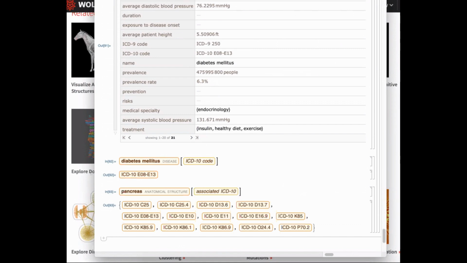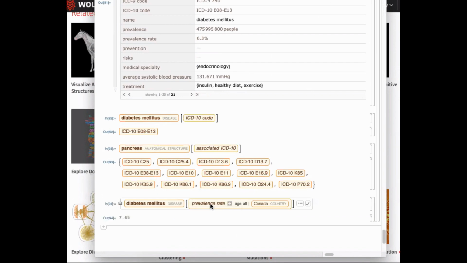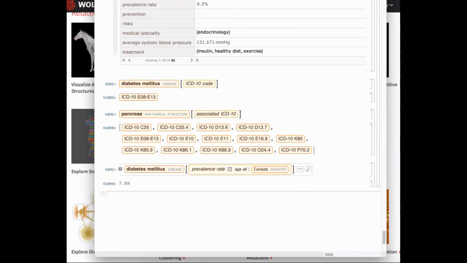And you can also compute statistical information, compute disease prevalence for a particular country, or compute the trend of diabetes prevalence in the world.